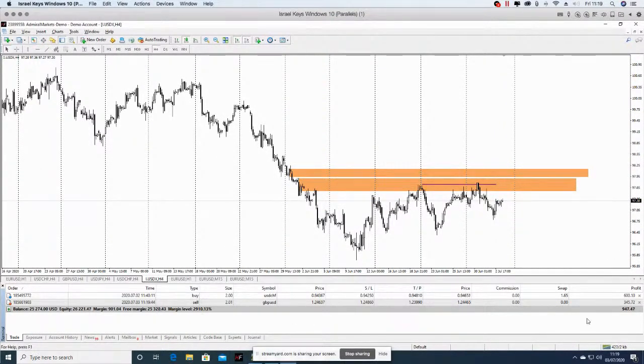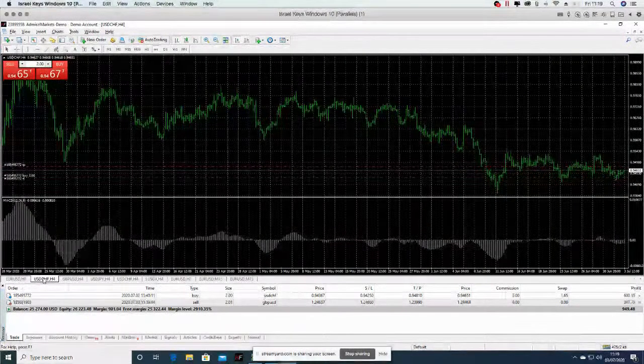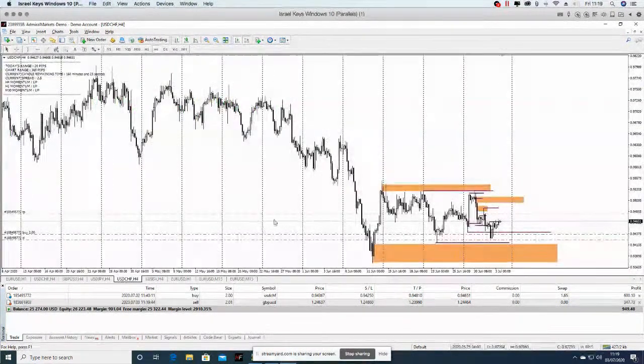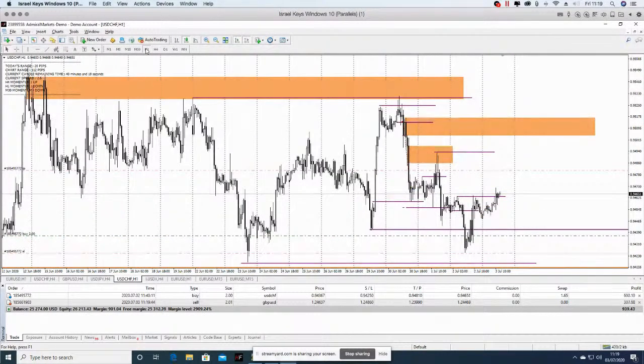So here they are. They're not doing too bad. There is a long on the Swissy. This one is middling around. I want to see some action. But there it is, the long on the Swissy. We've been in that trade since yesterday morning. We had a little bit of a scare down here, but we stayed in it and we were fine, and we're looking to get to that.